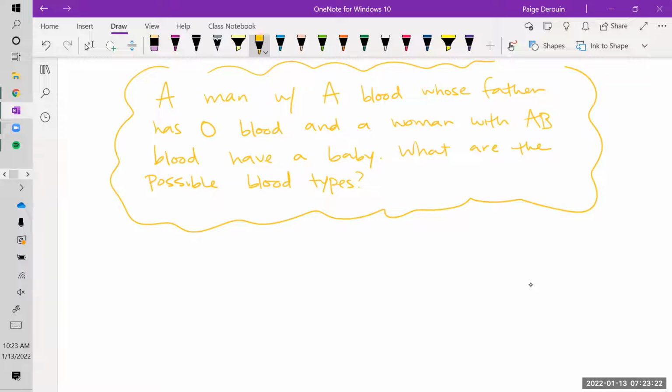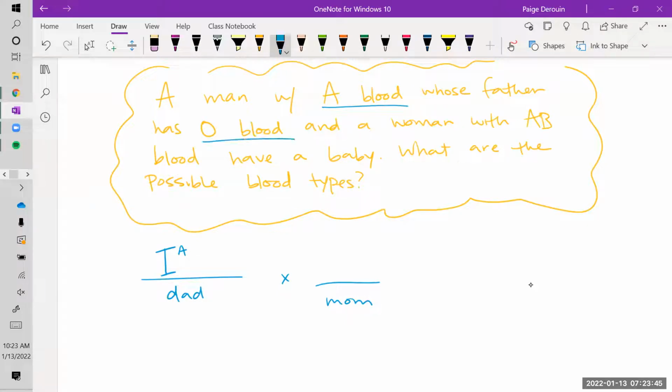All right, so when you do this, you're going to look at, first of all, the man. The man has A blood. So I'm going to do my little lines, dad and mom. You know that dad has to have at least one I, capital A, because he has A blood.